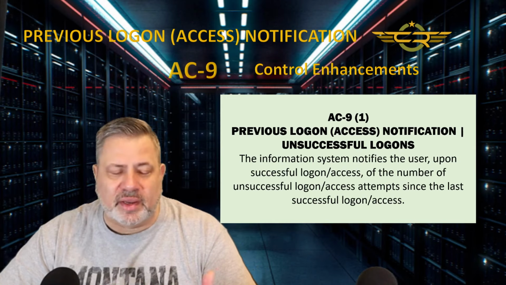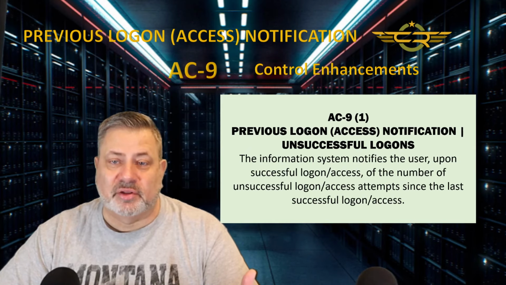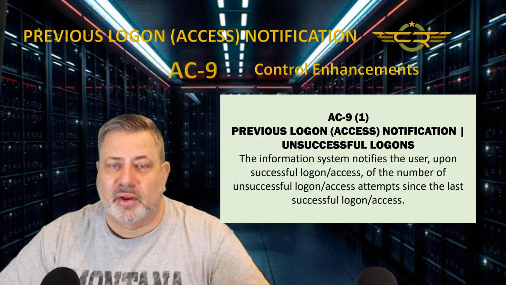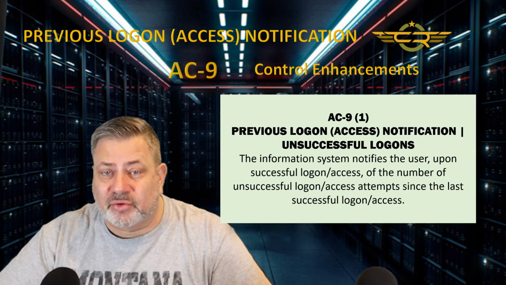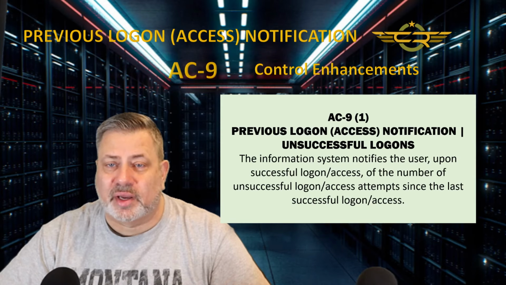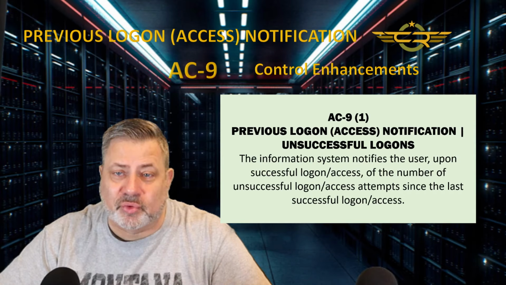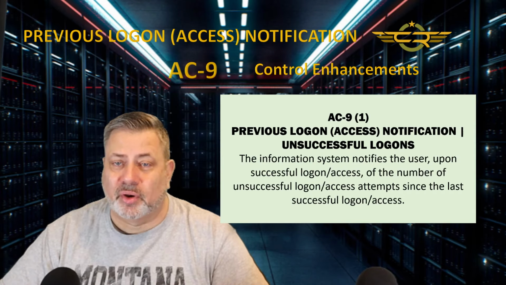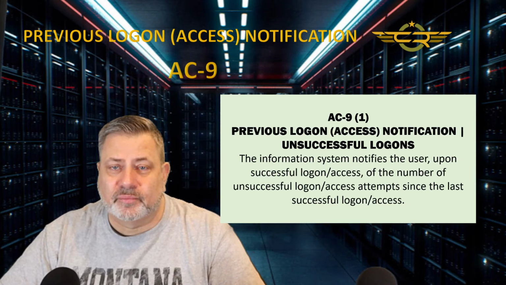So all we're saying is, when the system notifies the user of the last logon, hey, you logged on last time Tuesday. Since Tuesday, there have been 4 unsuccessful logon attempts. That way you know someone's trying to hack into your system, right? Someone's trying to access your account maliciously, or if you put your password in 4 times wrong, hopefully it's telling you, hey, you put your password in 4 times wrong. That's all this one's about, letting you know what's going on.